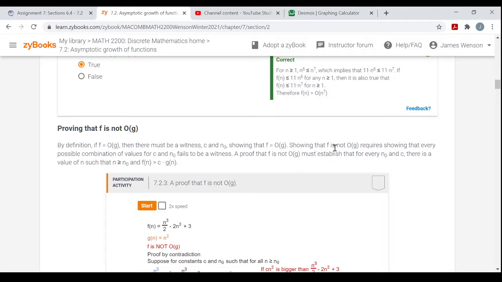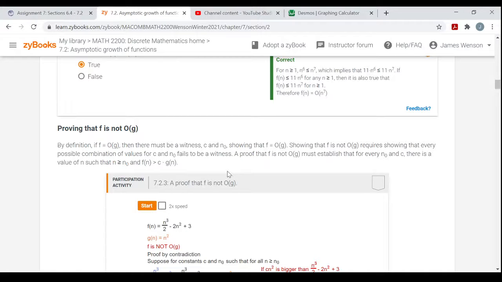So showing that f is not O of g requires showing that every possible combination of values, every c and n0 that are positive, fails to work. Because this is a there exists statement. And remember, the opposite of a there exists is a for every.